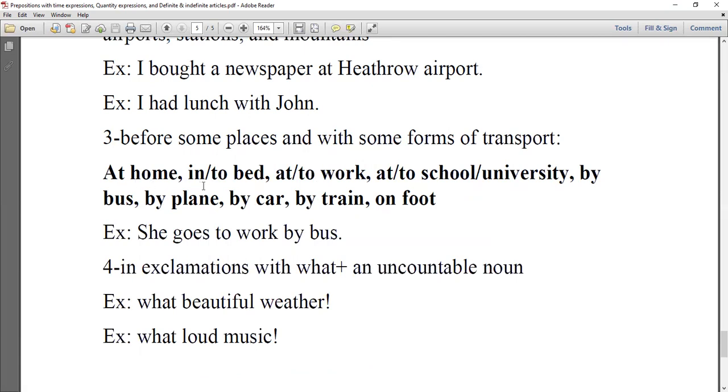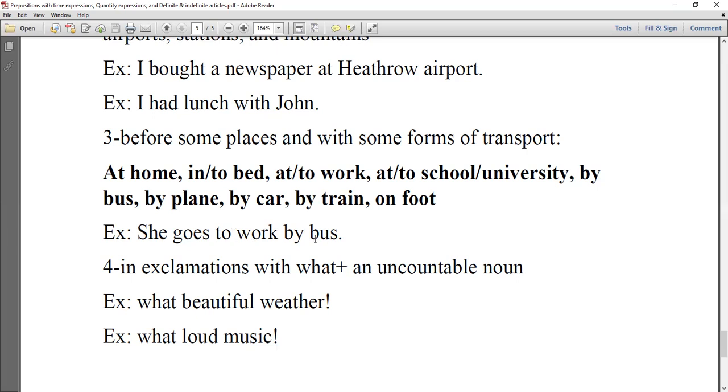In bed or to bed, at work or to work, at school or to school, at university or to university. By bus, we don't say "by the bus." By plane, by car, by train, on foot. For example, she goes to work by bus. We didn't use the before this place, because we have work.